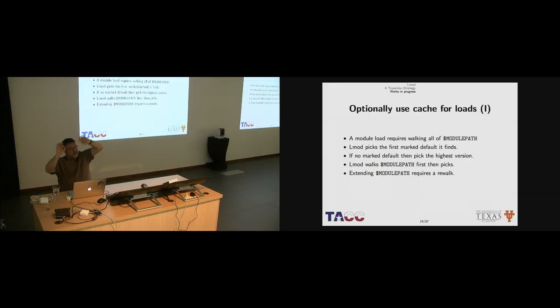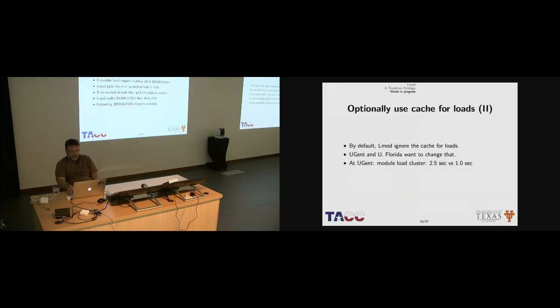Otherwise, it finds the one with the highest version, and that can be in any directory. So I have to walk all the directories. In particular, their cluster module extends the module path, and anytime Lmod sees a change to the module path, it has to walk it. Extending the module path requires a rewalk.